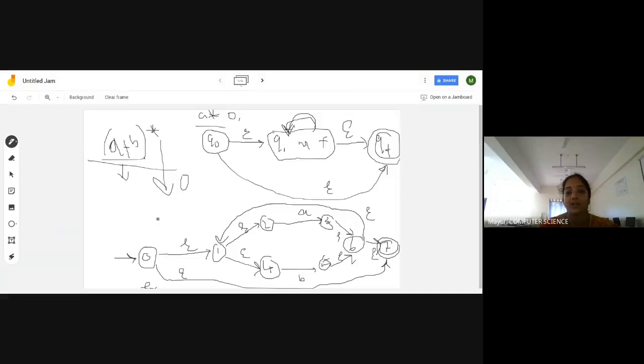For length 1, 2, 3 and so on, I may go here or I may go here. Either I will go with a number of A's or a number of B's is also possible here. One B, come here, next B, come here with epsilon, next B. Like that, for 1 A, again I may choose this path for the number of A's. Fine. Have you understood the A plus B whole star structure for epsilon NFA?